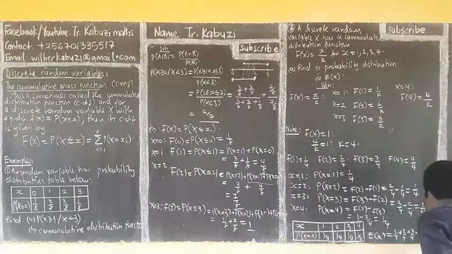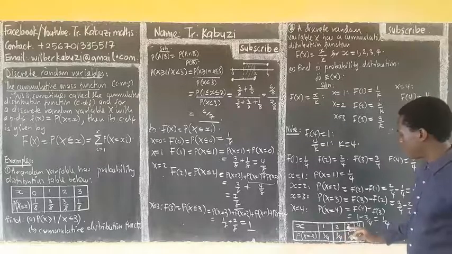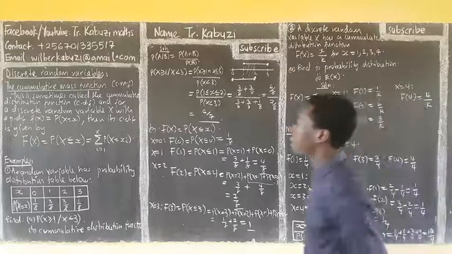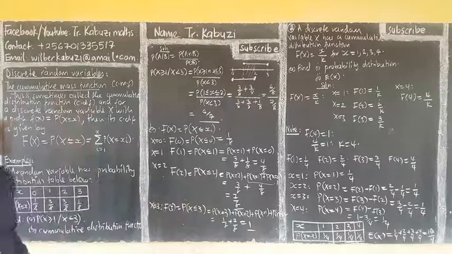You take x times its probability, then you sum them. So that's how we handle the cumulative mass function of this.